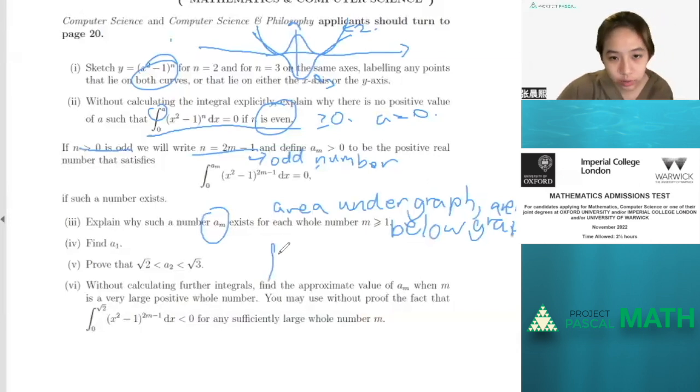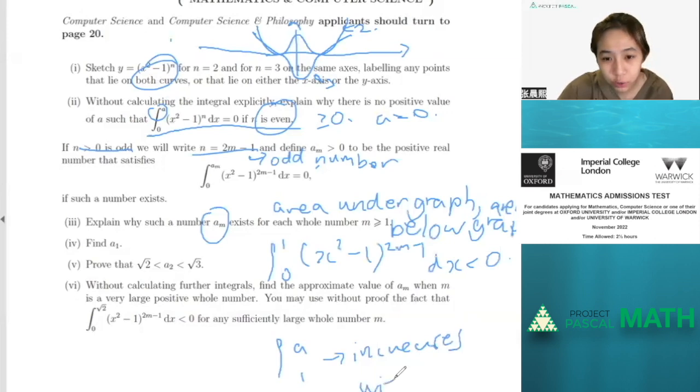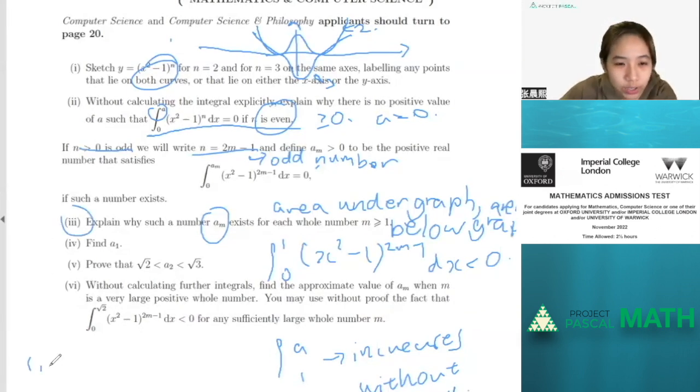Since from -1 to 0, the integral of x squared minus 1 to the n minus 1 dx is less than 0, but then for something from a to 1, it increases without bound. So eventually it will be equal to 0. Okay, so now I want you to find what A1 is.